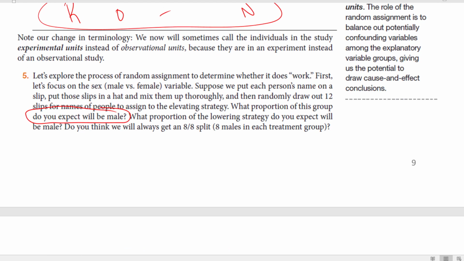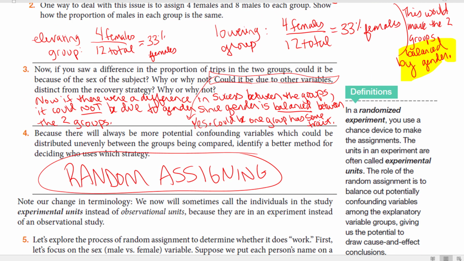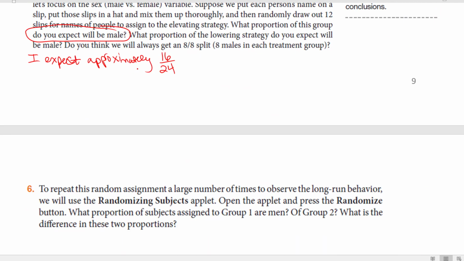Well, if we randomly assigned them, remember at the beginning of this problem, we said there are 16 males out of 24 total. So if you're randomly assigning people to groups, I would expect that that is the ratio of males you would see in each group. So I expect approximately 16/24 of them to be male. If we simplify that down, that's 2/3 of the group to be male.